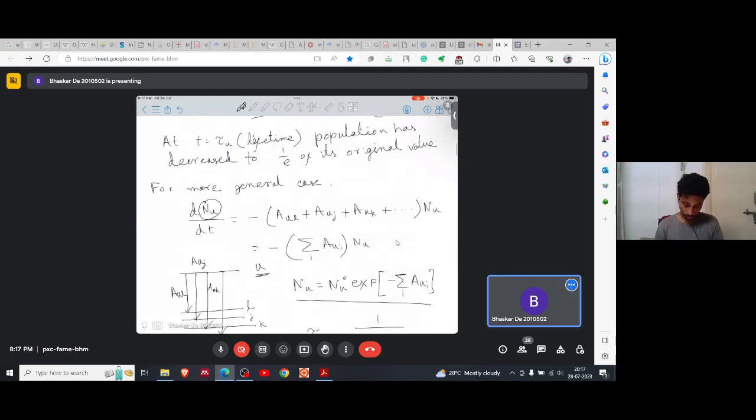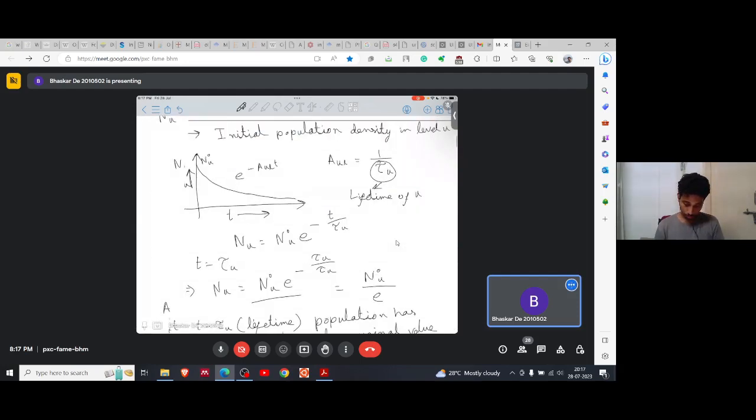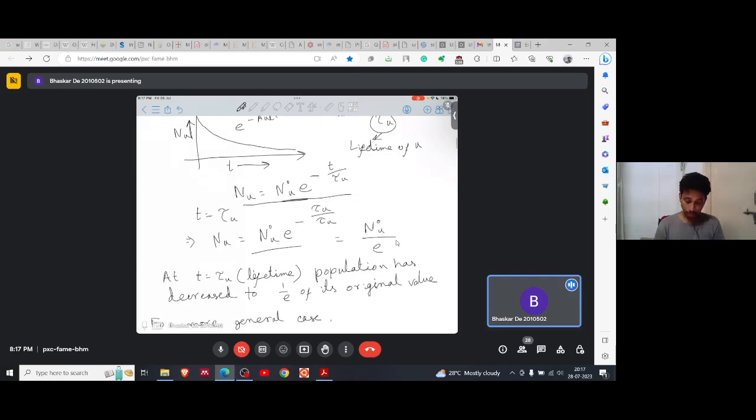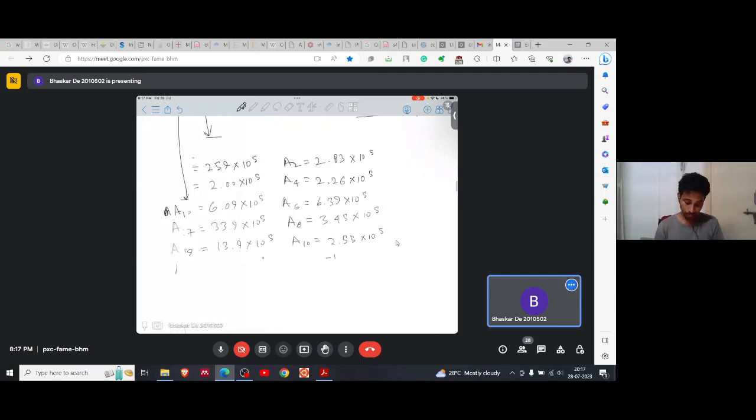We will use this equation: nt equal to n naught e to the power minus t by tau.